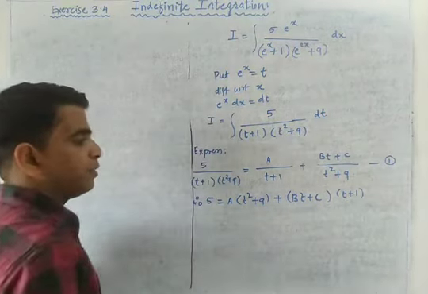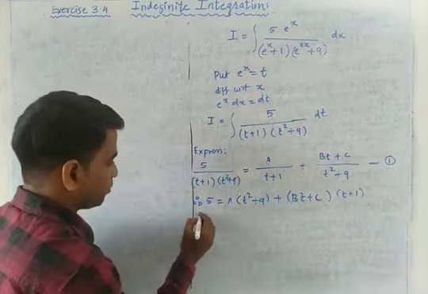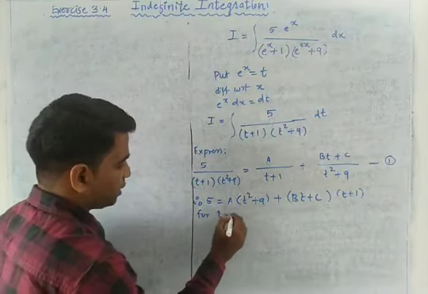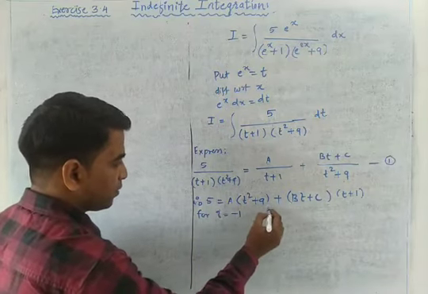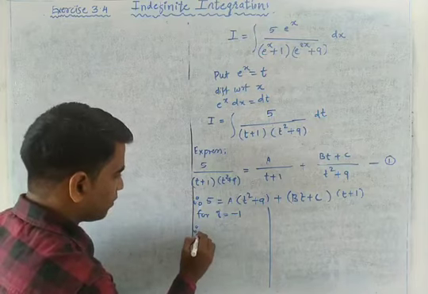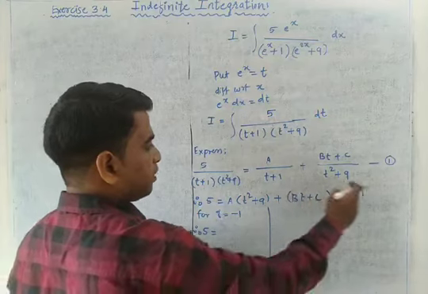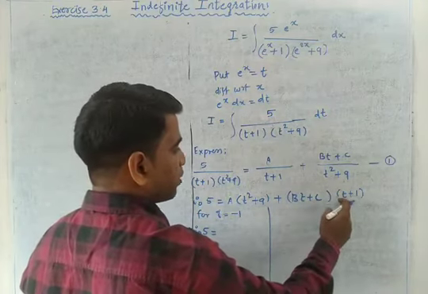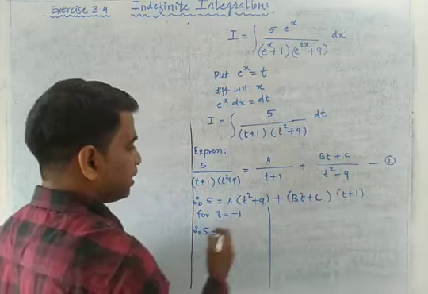Now the bt plus c part becomes 0 when we substitute t is equal to minus 1. So for t is equal to minus 1, the left hand side constant term is 5, and the bt plus c part becomes 0 because minus 1 plus 1 becomes 0.